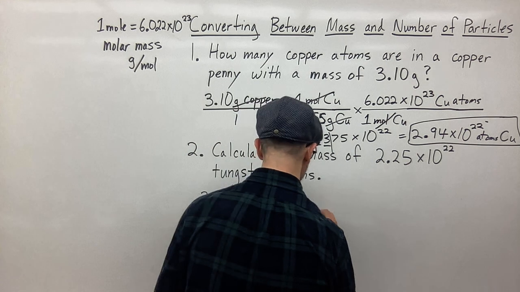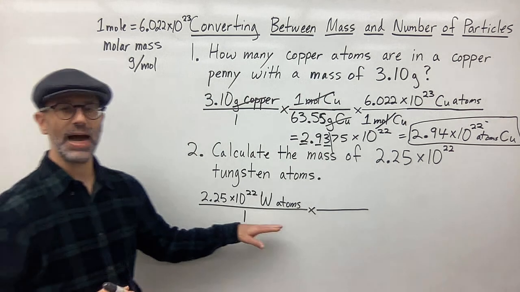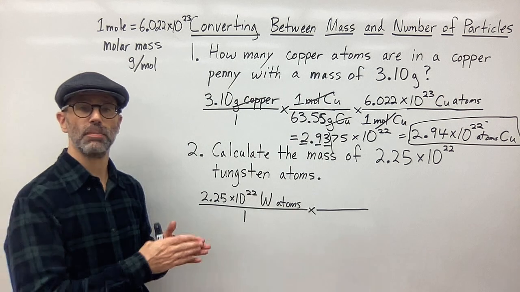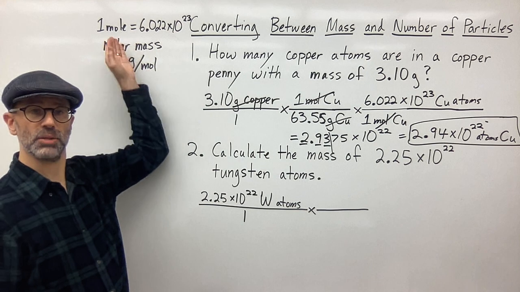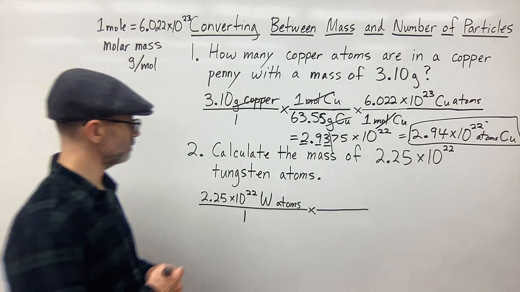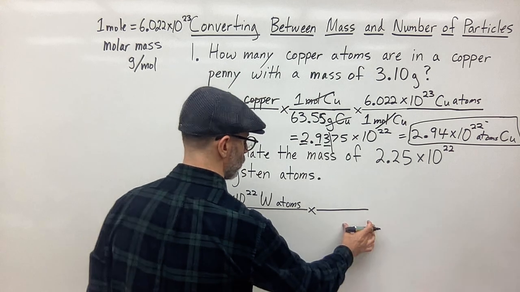Now we're going to multiply by our conversion factor. Since we've got particles here, we need to convert particles to something else. We have a relationship between particles and moles, so let's convert to moles. So we're going to put the particle on the bottom, so atoms goes on the bottom.